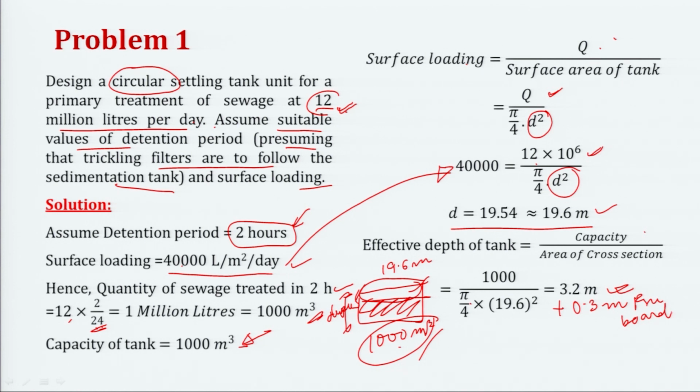So, the settling tank you have designed is for 19.6 meter diameter and 3.2 plus 0.3 meter depth, right. So, this is the problem.